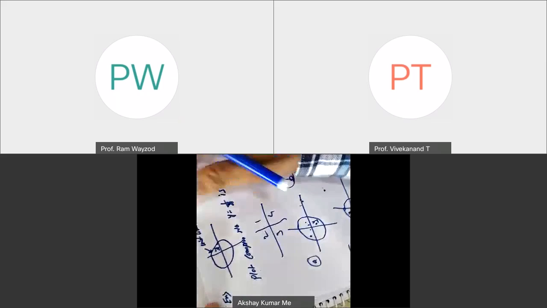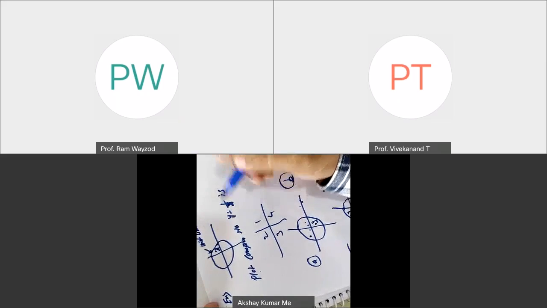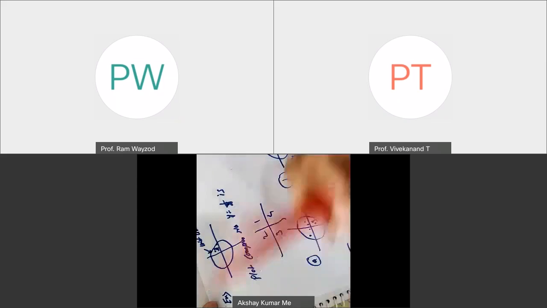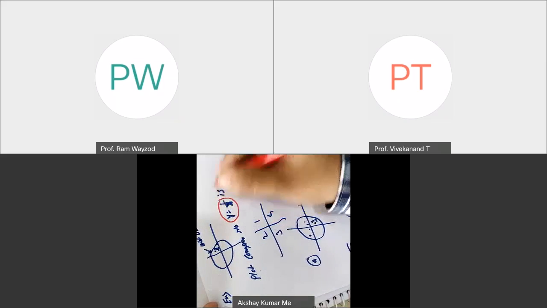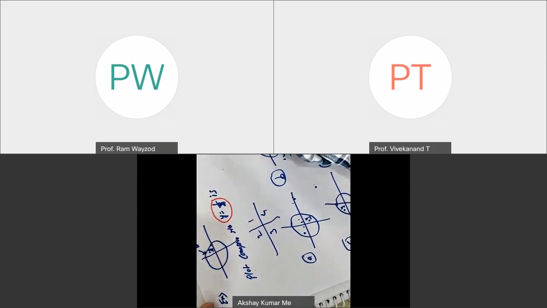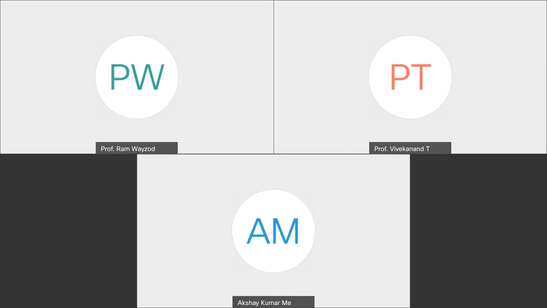Suppose I have a complex number inside the unit circle, and we have to plot the complex number 1 upon z, meaning the reciprocal of z. This question was asked in GATE 2011 for 1 mark.